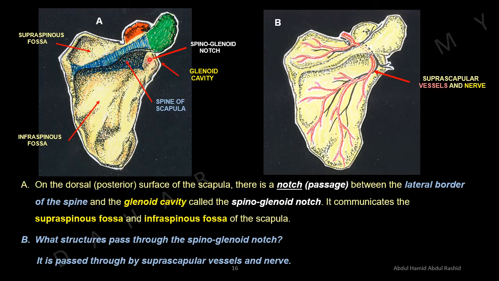What structures go through this spinoglenoid notch? Let's see diagram B. This is the spinoglenoid notch. It is passed through by the suprascapular vessels and nerve.